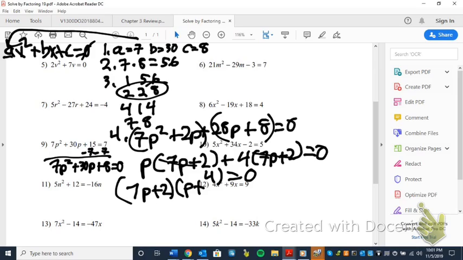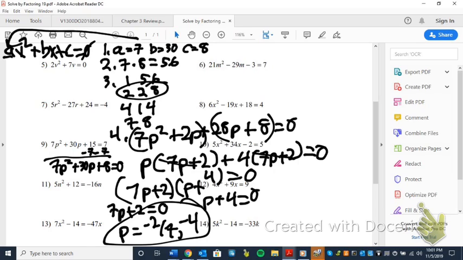And we get this multiplication problem of two binomials multiplied by each other. And now that they're multiplied and equal to 0, we can use the zero product theorem. Which means we can create two separate equations and solve those. So we get p equals negative 2/7 or p equals negative 4.